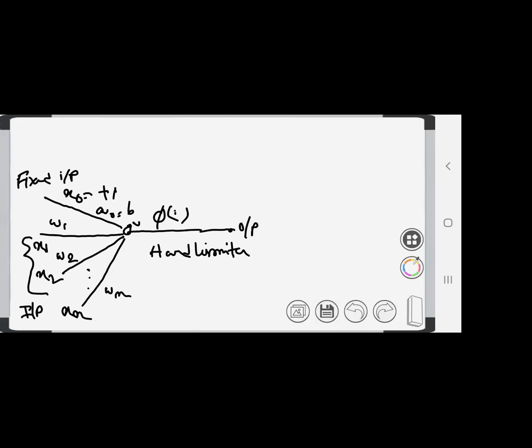We'll consider this signal flow graph for the proof of the perceptron convergence theorem.